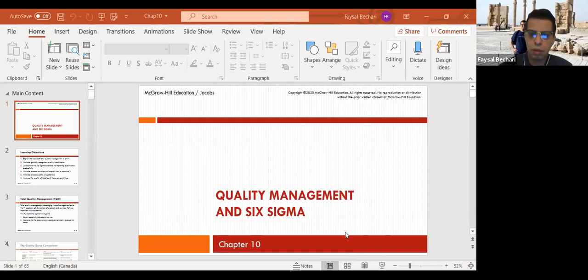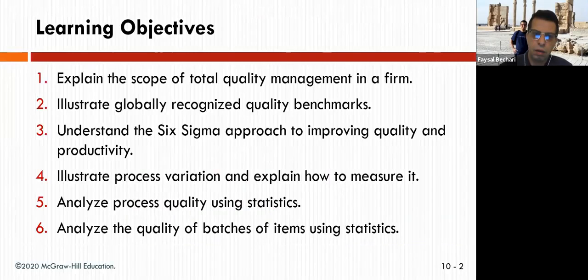So our learning objective today is going to be explaining the scope of total quality management in a firm, illustrating globally recognized quality benchmarks, understanding the Six Sigma approach for improving quality and productivity, and illustrating process variation and explaining how it is measured, analyzing process quality using statistics.